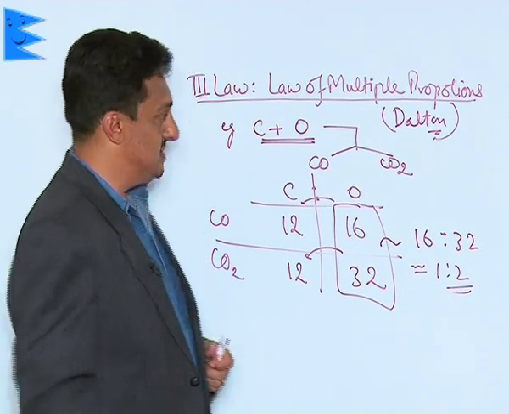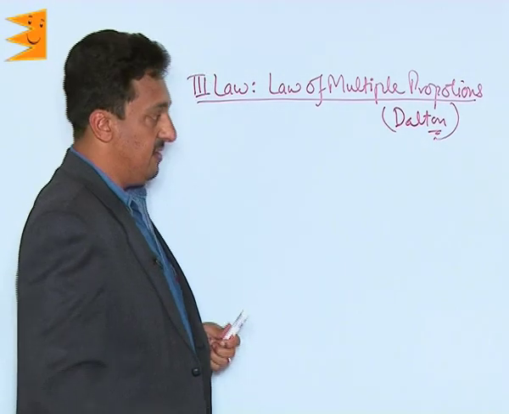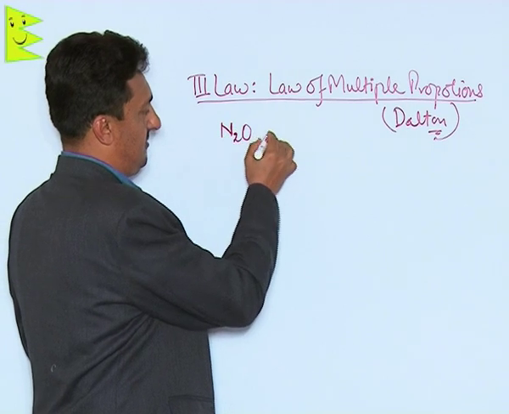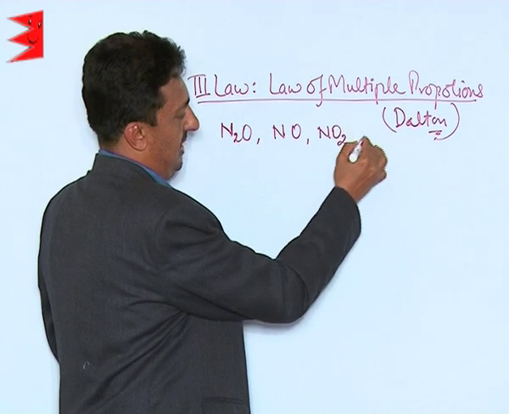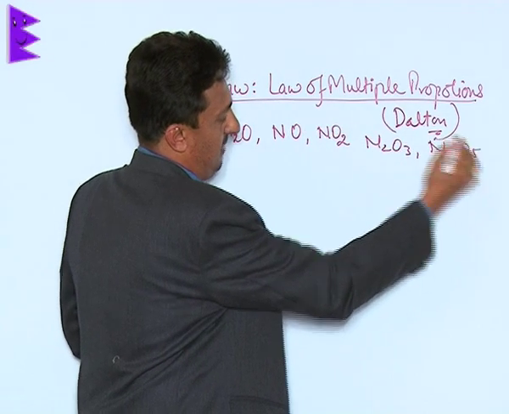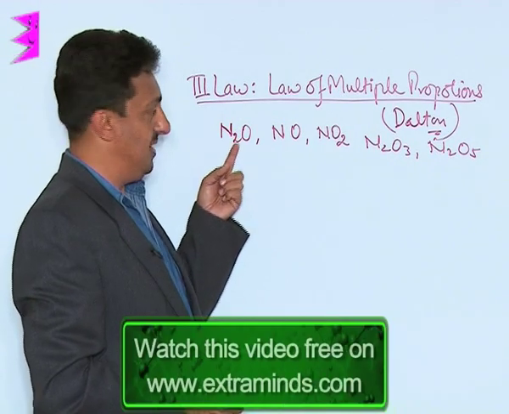We can take one more example to make this very clear to you. As we know, nitrogen forms many types of oxides like nitrous oxide, nitric oxide, nitrogen dioxide, dinitrogen trioxide, and dinitrogen pentoxide. Nitrous oxide is also called laughing gas.